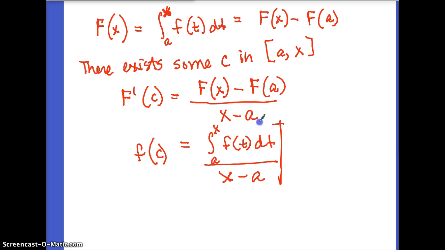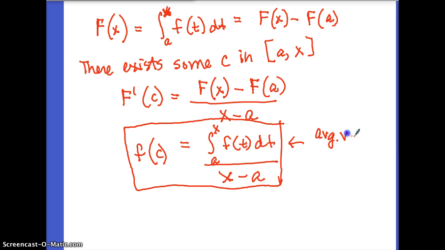So just using the mean value theorem for derivatives and what we know about the fundamental theorem of calculus, we get this, which looks like, and in fact is, the average value of this function, f of x, over the interval. Okay, so that's the mean value theorem connection.